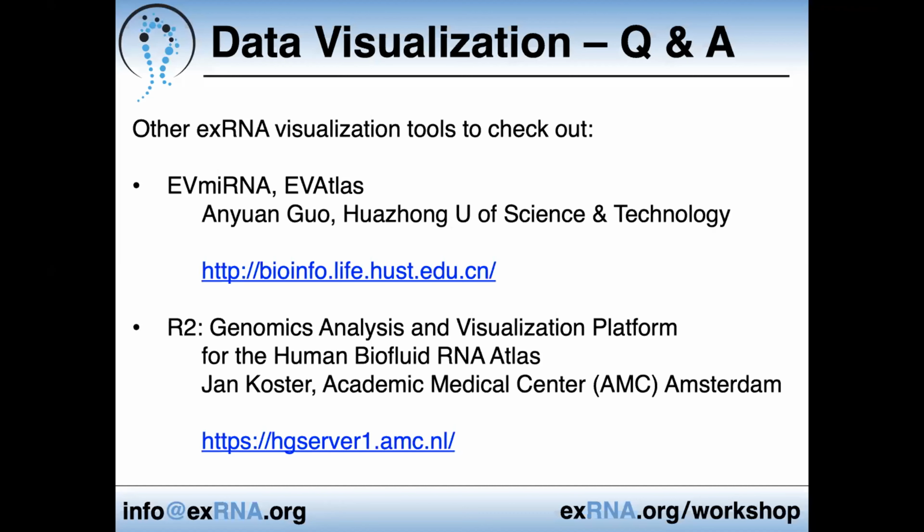They're both at the website here. Their lab actually has quite a number of different tools, for example, a tool for looking at RNA in platelets. It's an interesting bioinformatics group.